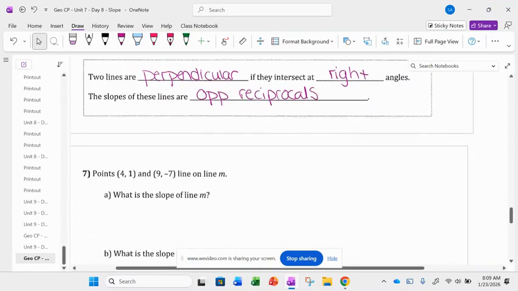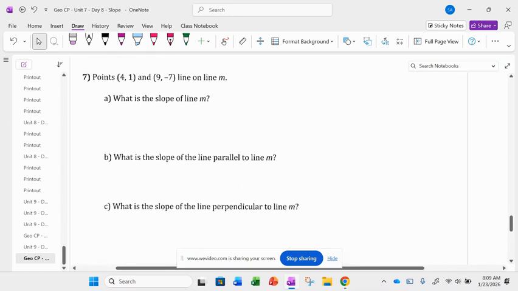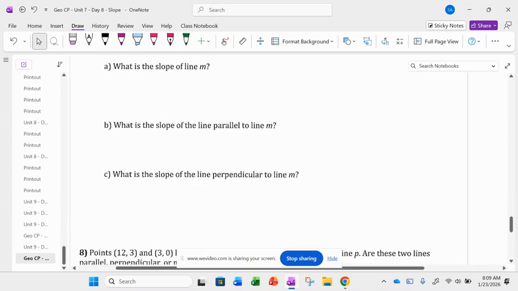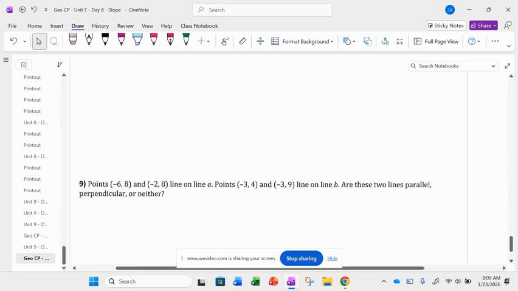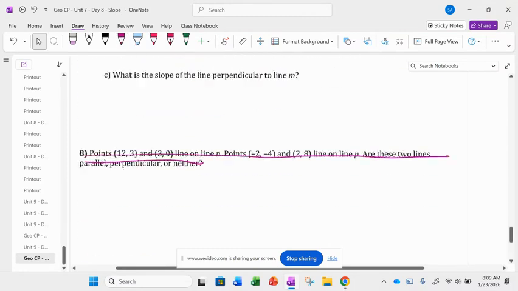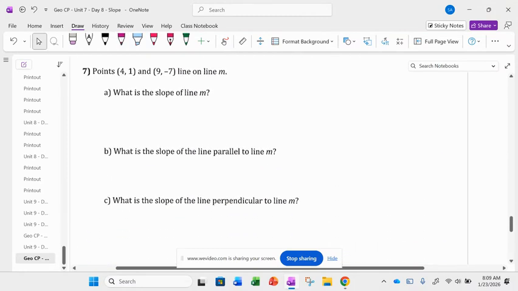All right, this is going to be our last problem. Once we do 7A, B, and C, we don't have to know how to do numbers 8 or 9. Points (4, 1) and (9, -7) are on the line. What is the slope of line M? This time I'm not giving you a diagram, I'm giving you the 2 points.